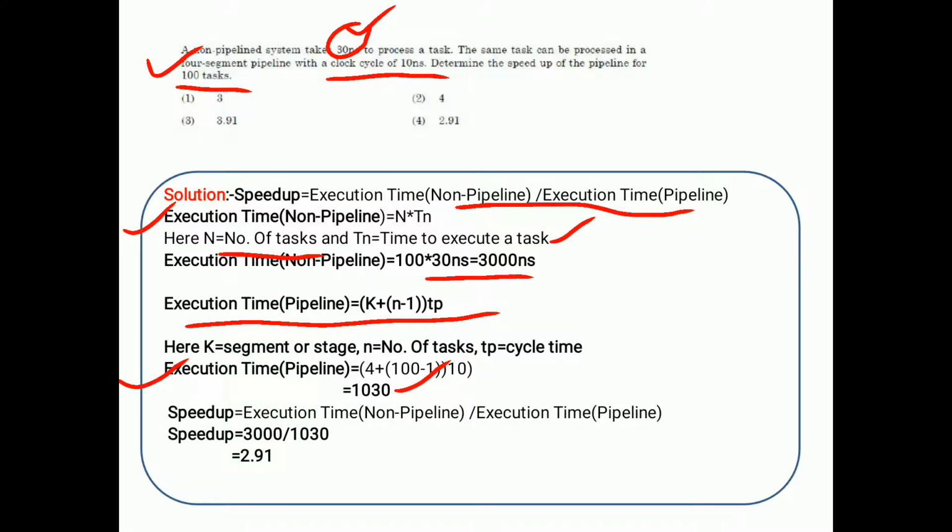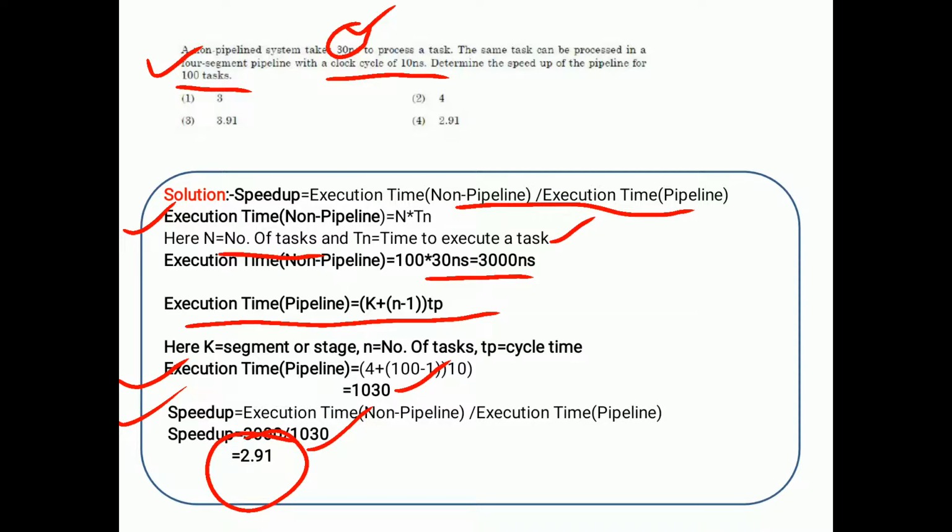So now we have evaluated the execution time for the non-pipeline and the pipeline. The speed up is equal to 3000 upon 1030, where 3000 nanoseconds is the time in case of non-pipeline and 1030 is the execution time in case of pipeline. So we get 2.91 as the speed up.